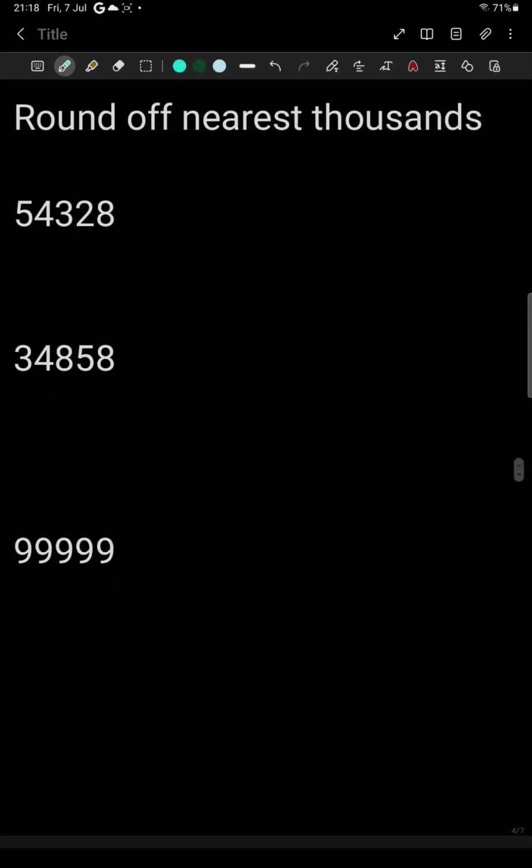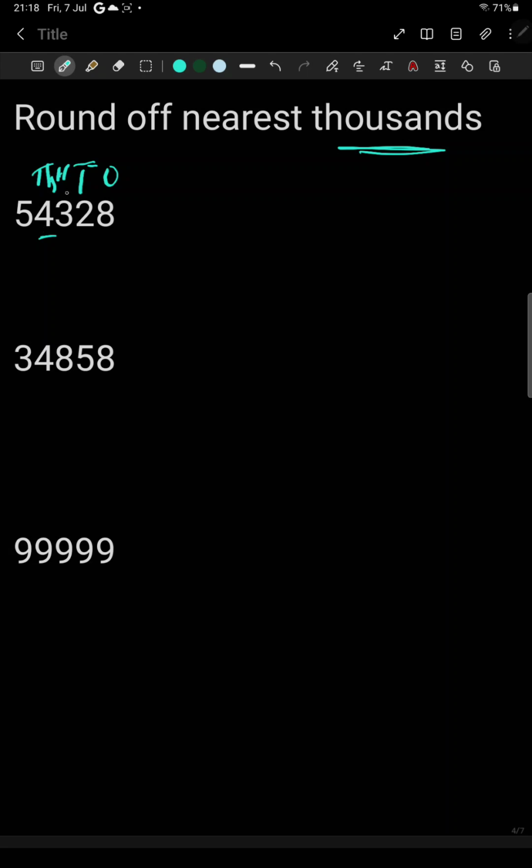Round off to the nearest 1,000. So we will find the place. Now it is rounding off to the nearest 1,000. We will find out the 1,000 place. What is the number at the 1,000 place? So ones, tens, hundred and thousand. So 4 is at the 1,000 place.